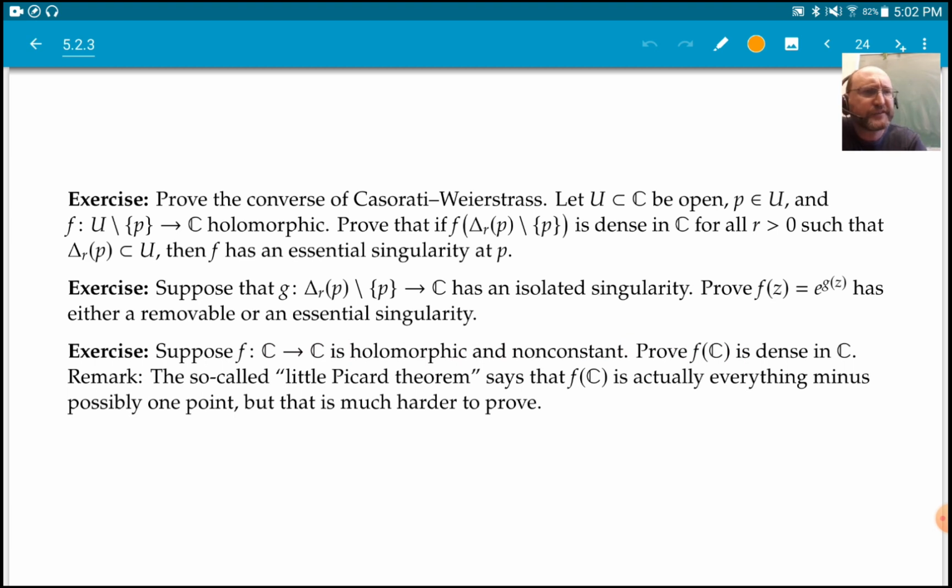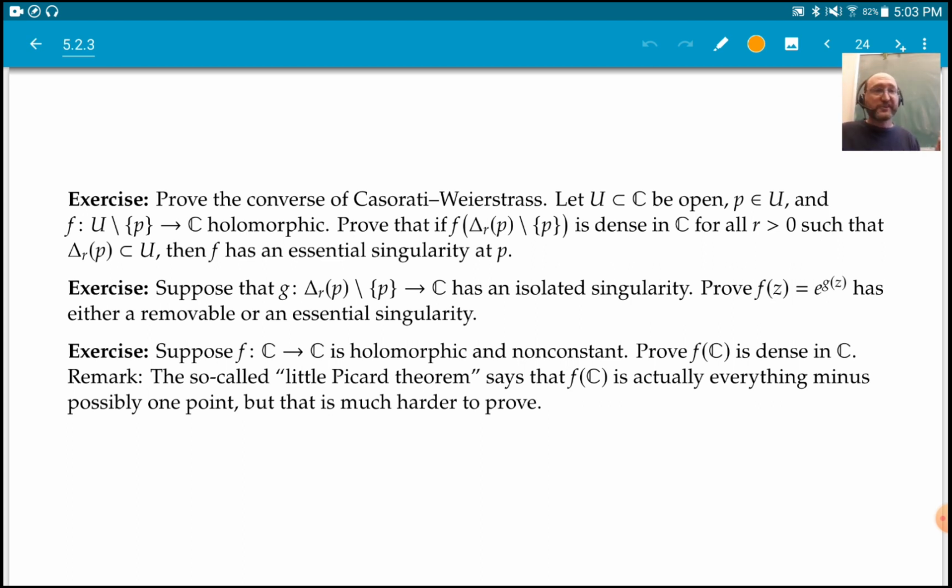Now this is actually another version of Picard's theorem. It's usually called the little Picard's theorem, because it's more special. It's just about entire functions and their singularity at infinity. And little Picard's theorem basically says the same thing: f of C is not just dense; it's actually everything minus a point, or everything, right? It could be everything, right?